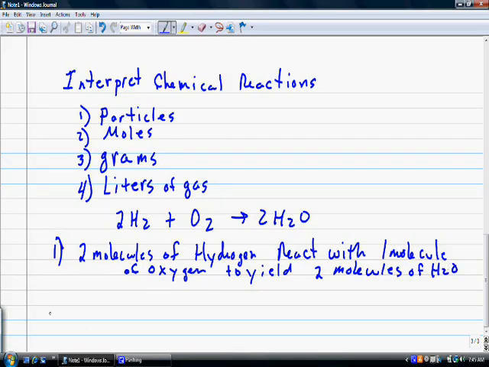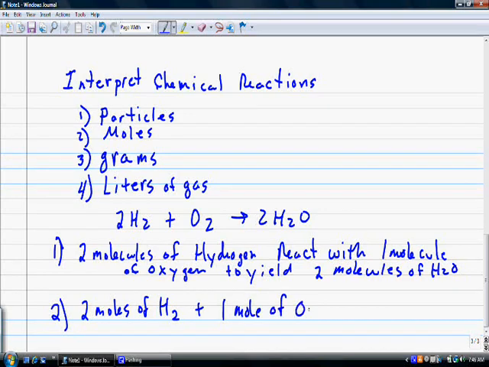Or I can say that 2 moles of hydrogen, allow me just to use the symbols here, react with 1 mole of oxygen to yield 2 moles of water. In the next part, we'll look to see how we can turn this into grams and into liters of gas.